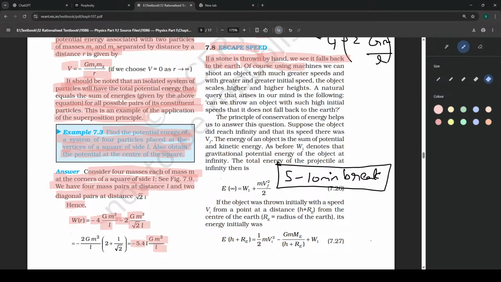Of course, using machines, we can shoot an object with much greater speeds, and with greater and greater initial speed, the object scales higher and higher heights. A natural query that arises in our minds is the following: can we throw an object with such high initial speeds that it does not fall back to the earth? It just leaves to space.